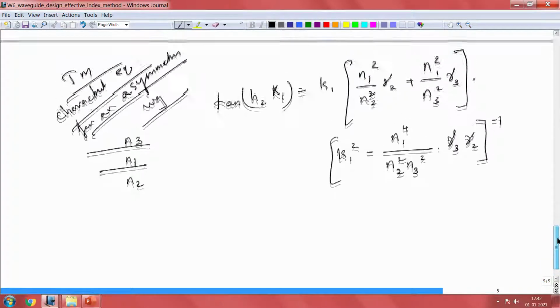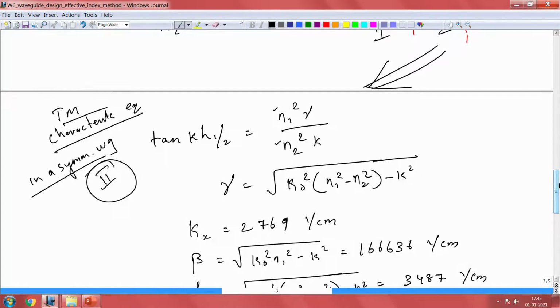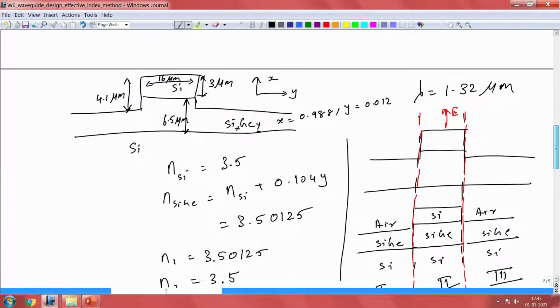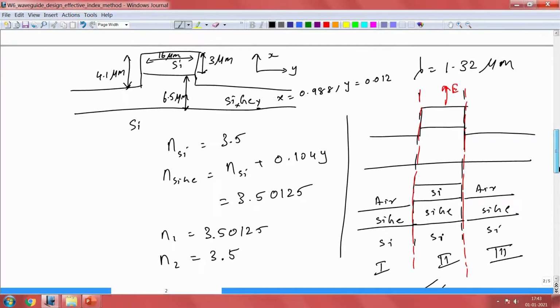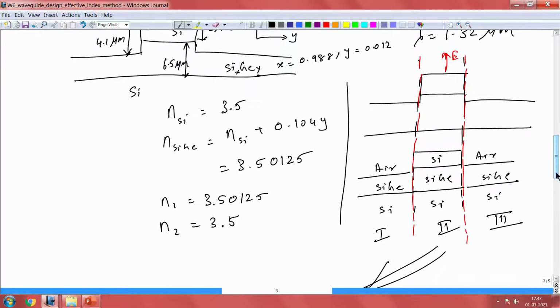So H1 in this case was the thickness that we had. H1 equal to 6.5 micrometers. That is the thickness of silicon germanium.